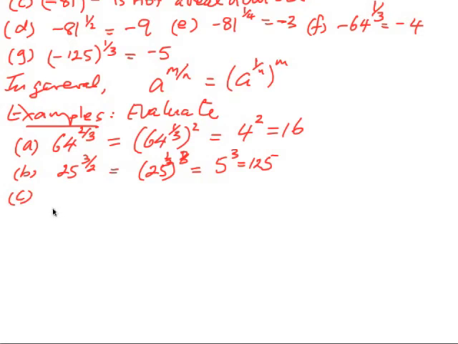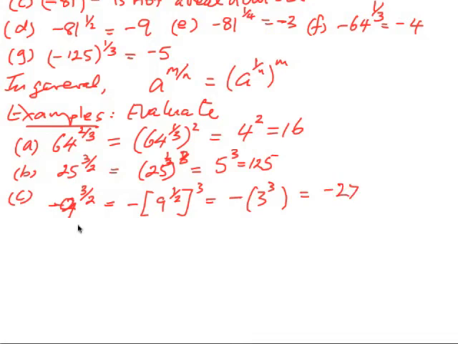Part C. Let's suppose we have negative 9 to the 3 halves. This would be the negative of, let's do a bracket here, 9 to the half, cubed. So this would be negative of 3 cubed, which of course is negative 27.